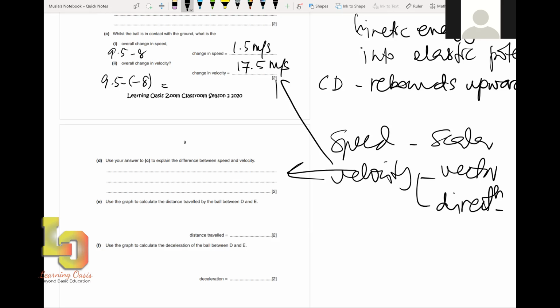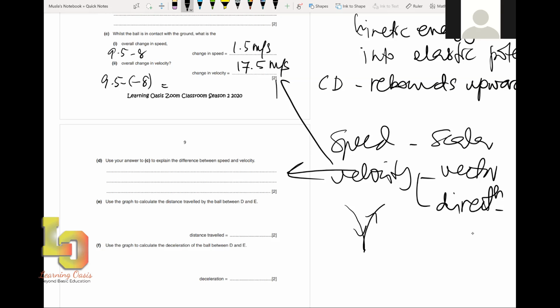Everyone think, breathe in, breathe out. What happened to the ball? As the ball falls and touches the ground, direction changes. As direction changes, velocity changes, but speed stays the same.